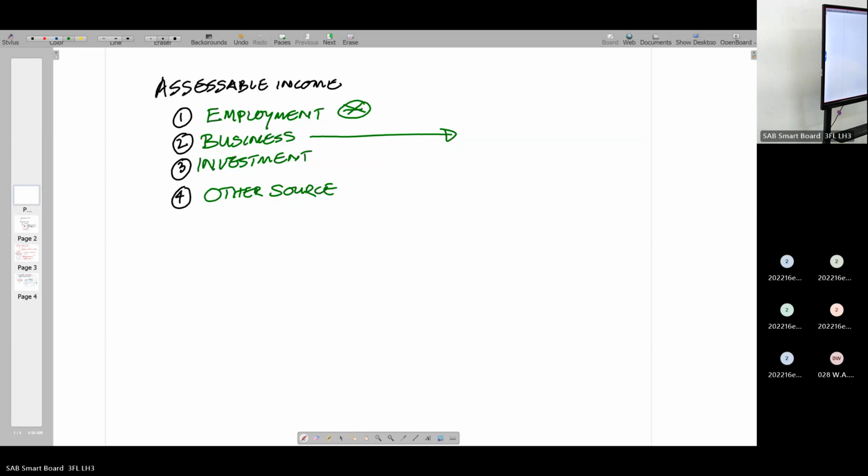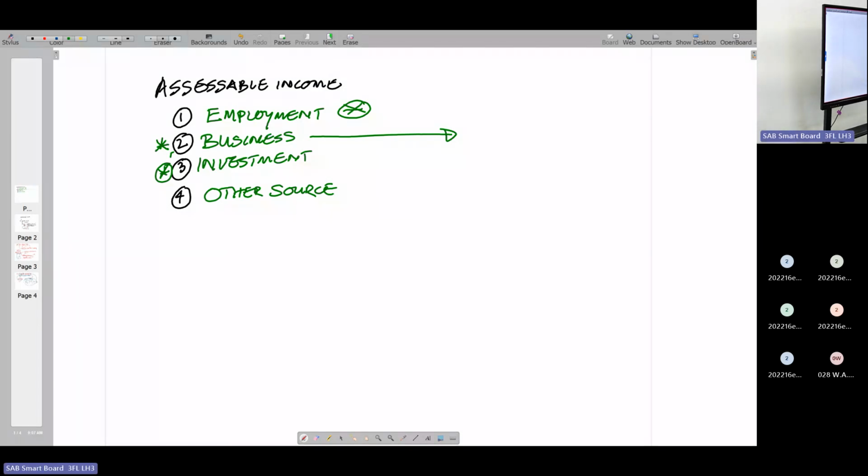If it is not the case, then we check whether that income comes under business, whether the conditions or attributes are there. If yes, we work it out under that. If not, then we check whether it falls under the investment category. If yes, then we work on it.